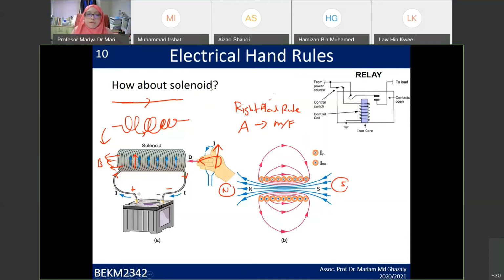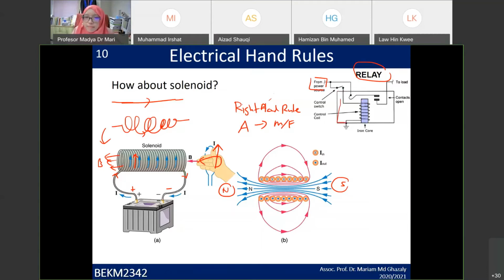So where do you actually use the solenoid? A solenoid is used in a relay. In a relay, you have an iron core in the middle, and the iron core is wrapped with the solenoid, that means the wire. It's connected to the power source.